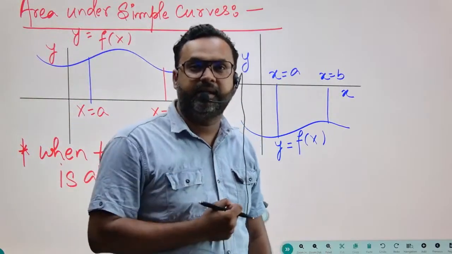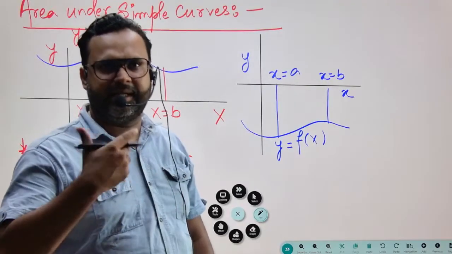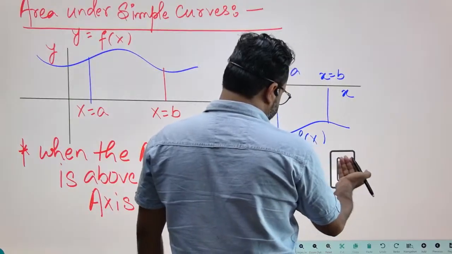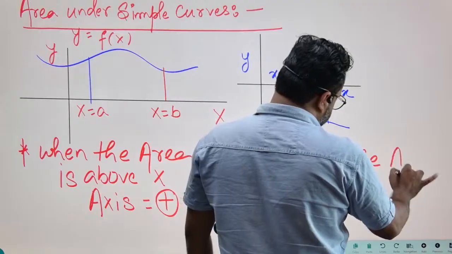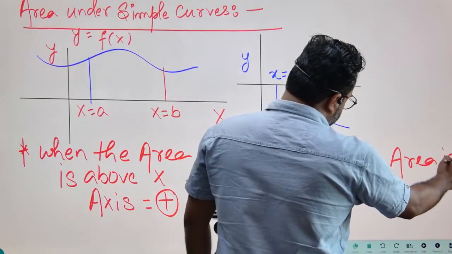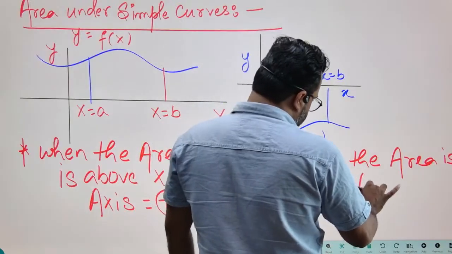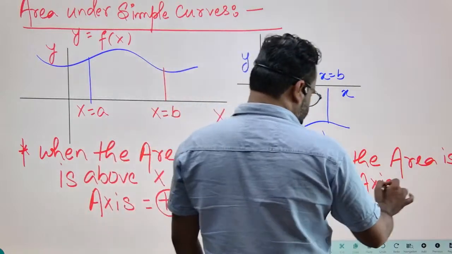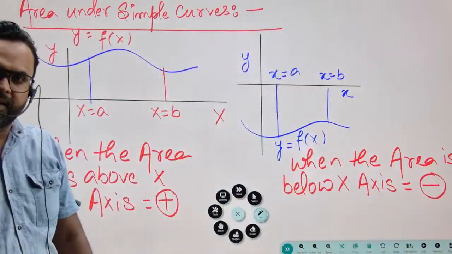On the other hand, if it is below the x-axis, it is taken as negative. When the area is below the x-axis, area is taken as negative.